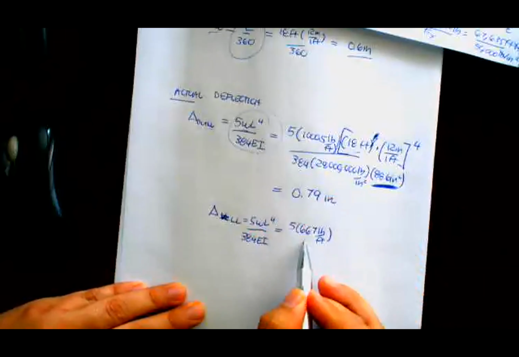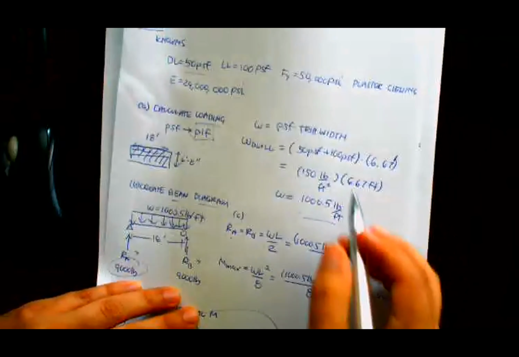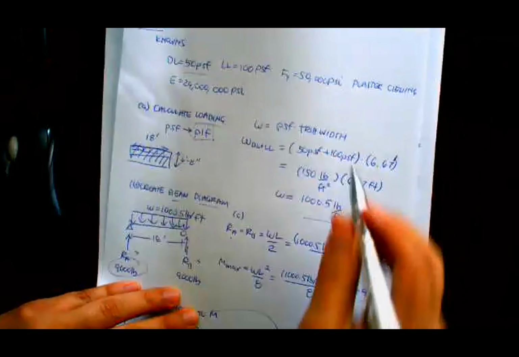Someone's going to say, where does the 6.67 come from? That comes from, yeah, and this gets a little more complicated.